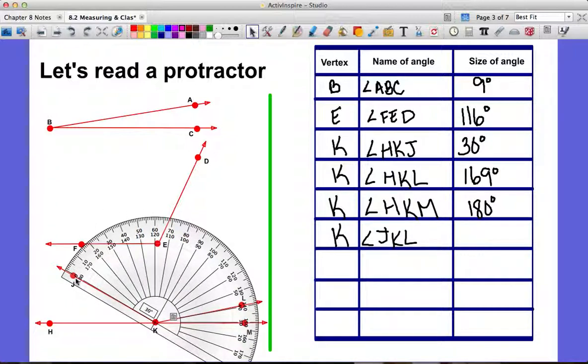Now again, I have to start at 0, follow it all the way around till I get to that line that L is on, and I see that I get to 139 degrees. And we'll talk about later why 41 degrees wouldn't make sense here for an answer. But we know that angle JKL is 139 degrees.